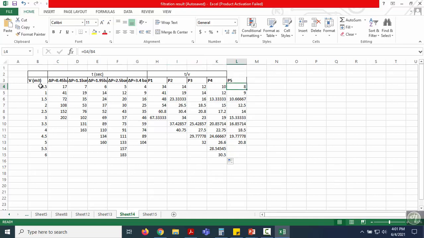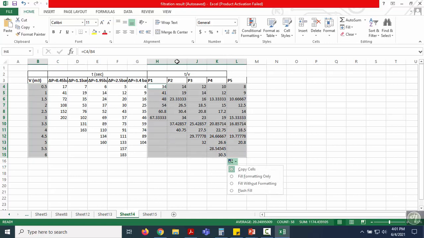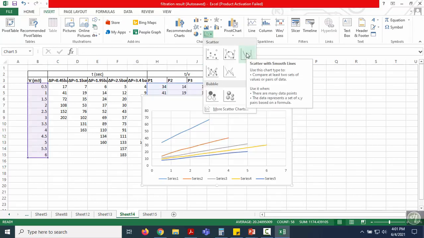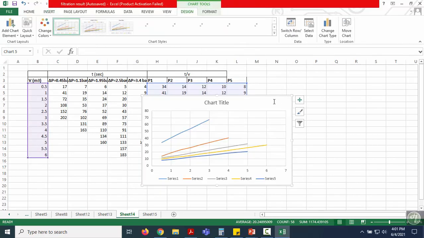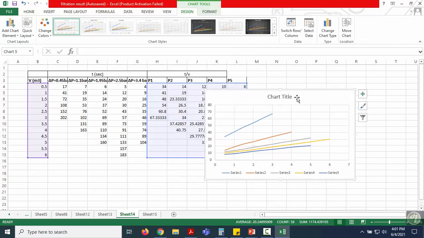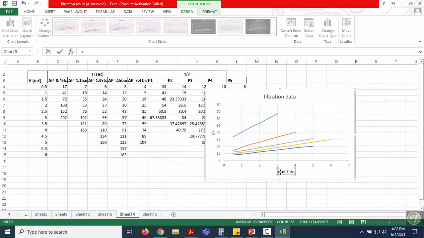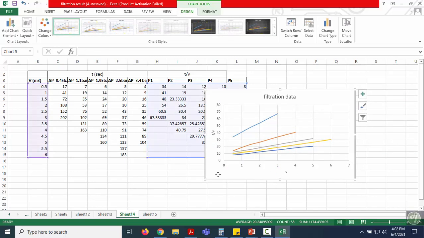If you draw the graph of V versus all of this, if you select this and insert, you will find this data. Then you can put the equation on them.